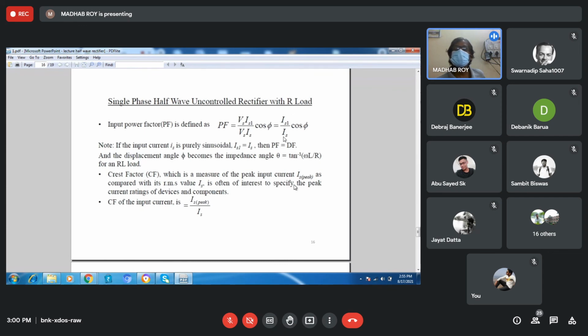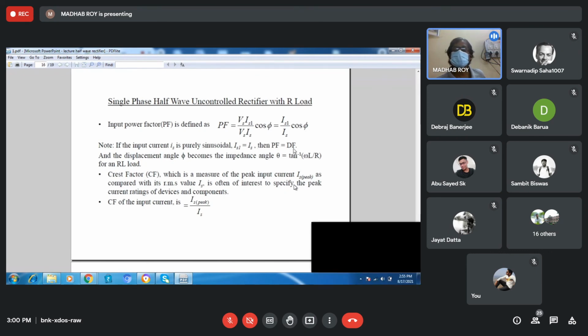So this new factor comes into the picture in the definition of the power factor. If the input current is purely sinusoidal, that means there are no harmonics, then the power factor and the displacement factor will be the same, and the displacement angle phi becomes the impedance angle.